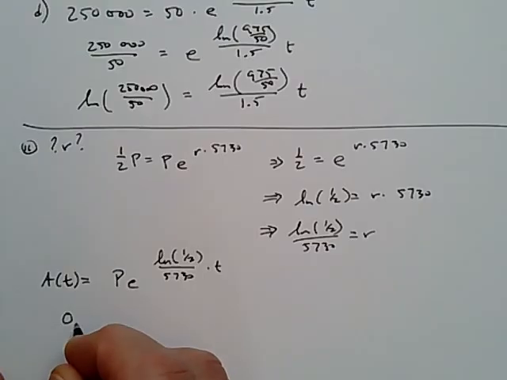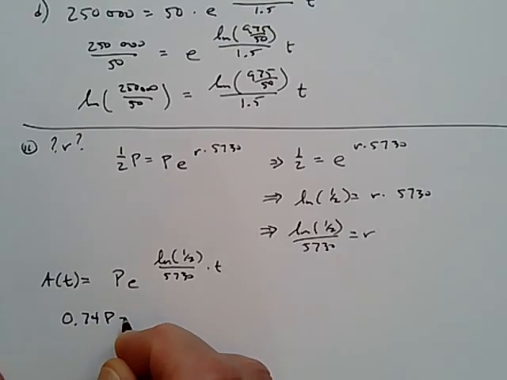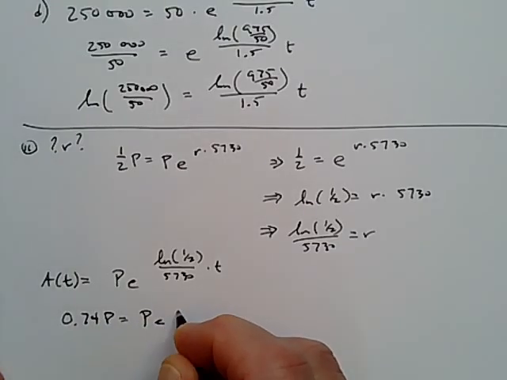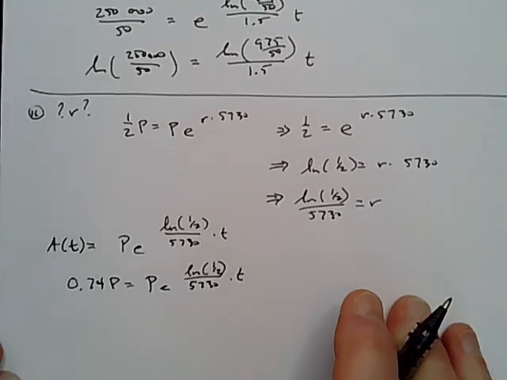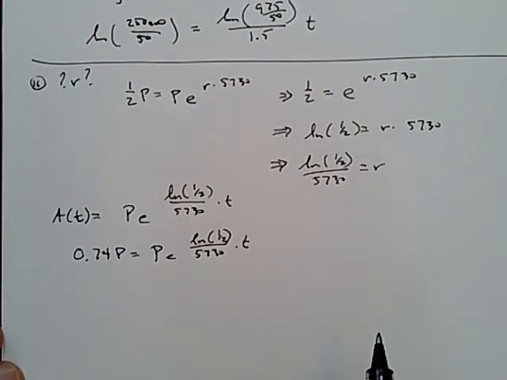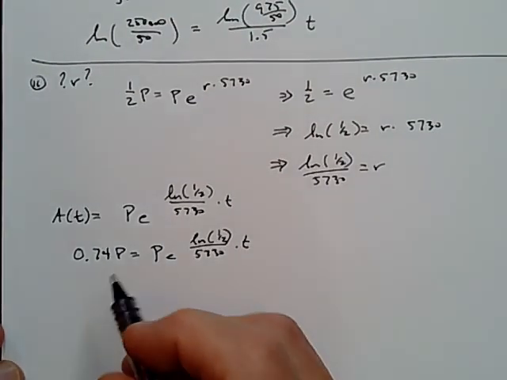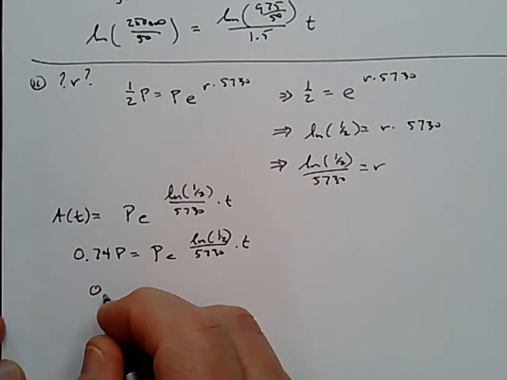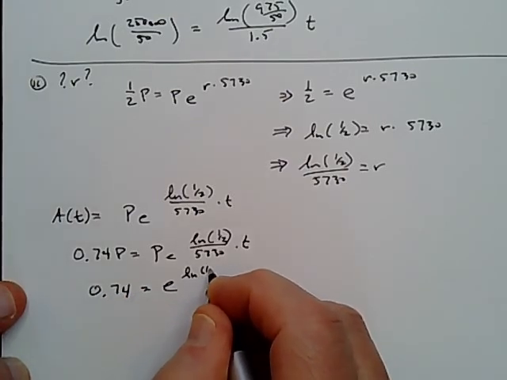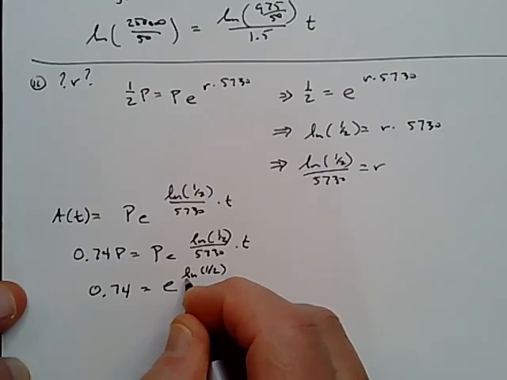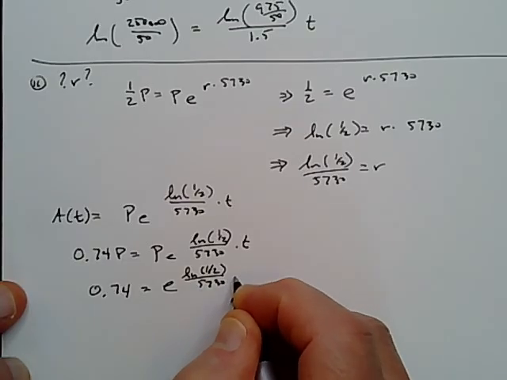So 0.74 P equals P e to the ln of 1/2 over 5730 times t. And again, we've seen this a number of times now. It looks like there are two variables in this equation, the t and the P, but the P's cancel, and so you get 0.74 is equal to e to the ln of 1/2 over 5730 times t.